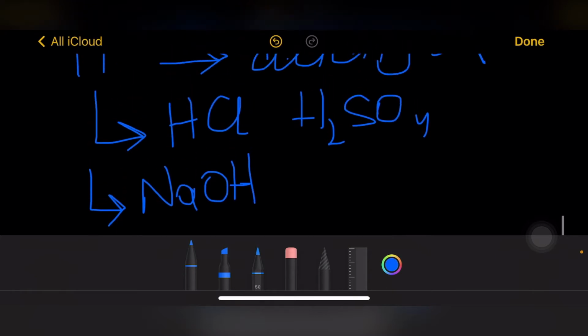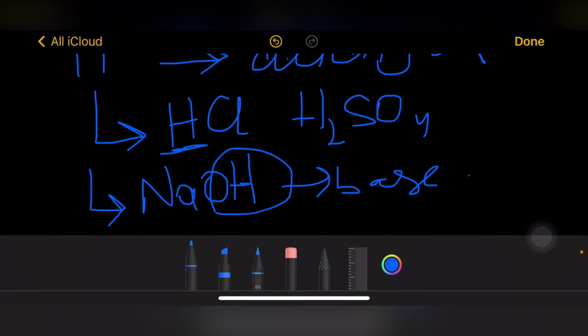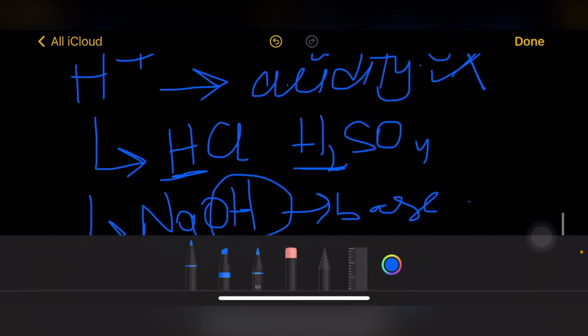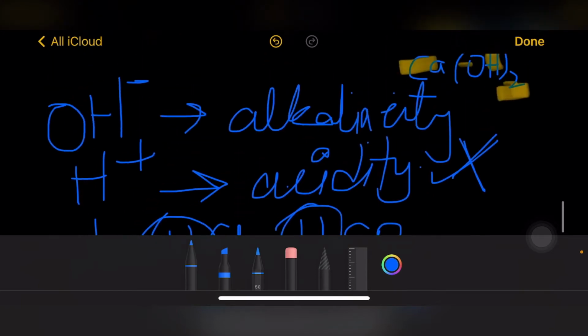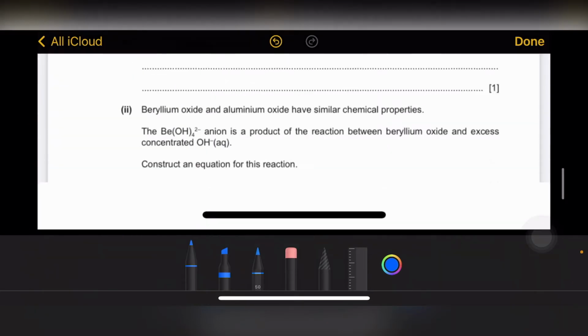So this has an OH ion, and so this is a base, and these acids have H, basically hydrogen atoms. That's why it is acidic.